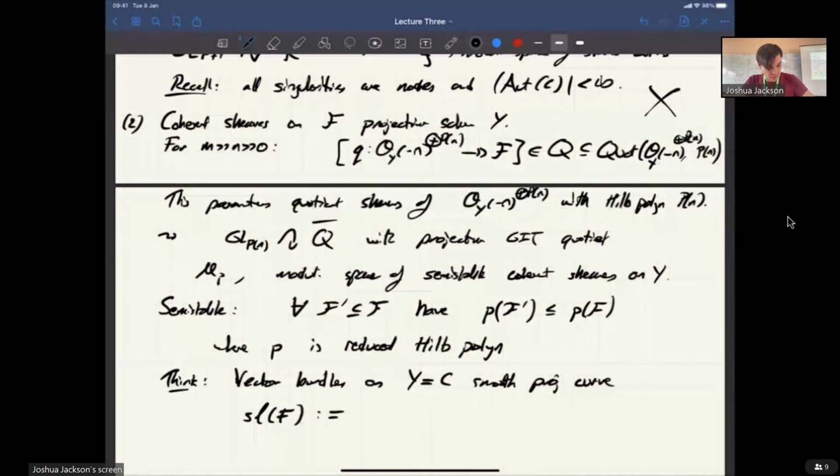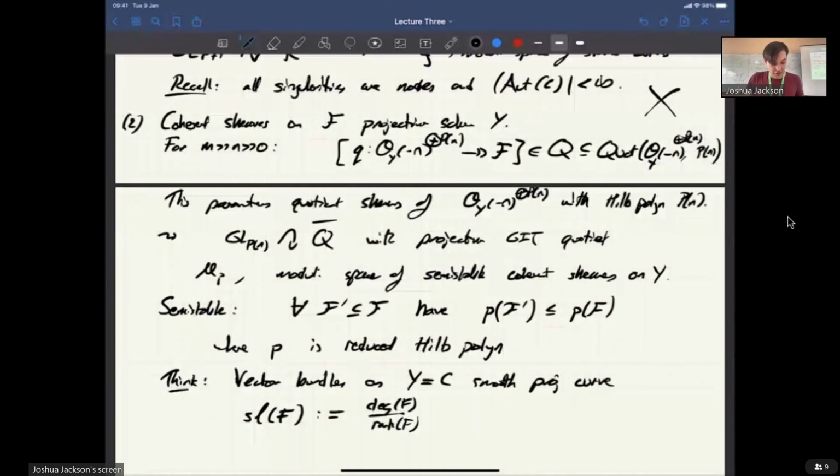You define the slope to be the degree over the rank, and then you require the inequality to hold between the slopes for all subbundles. This is probably familiar from the talk on Bridgeland stability conditions and so on.